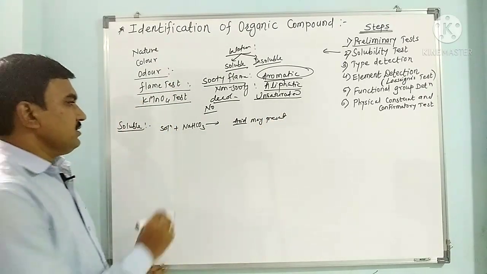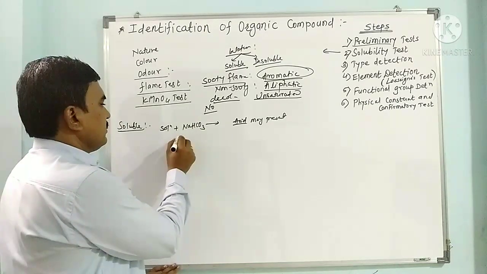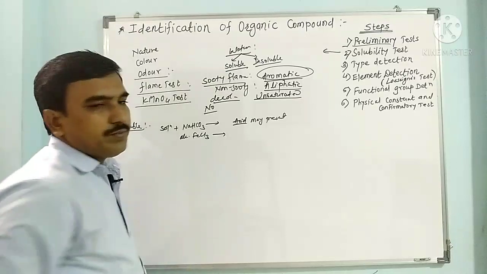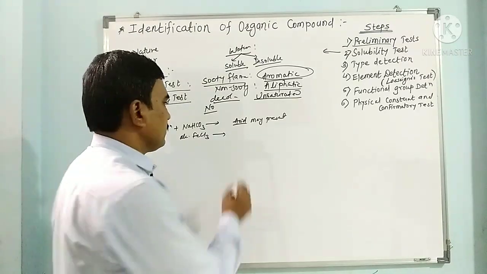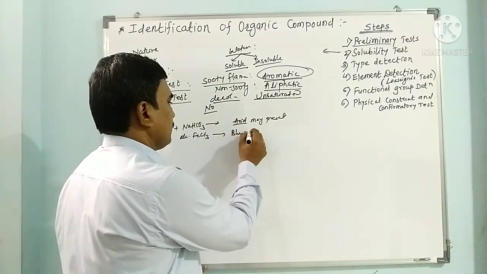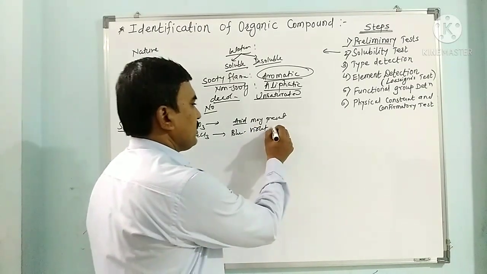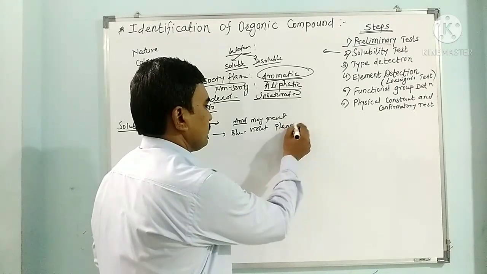If not, then we can add alcoholic ferric chloride solution. Then we may have a blue to violet color. Then we can say a water soluble phenol may be present.